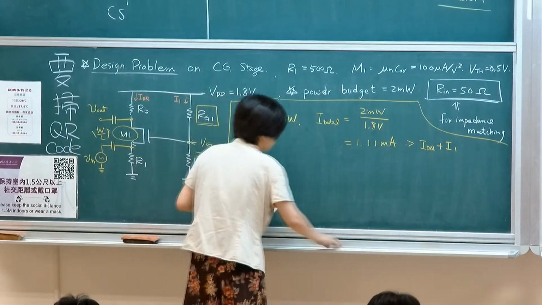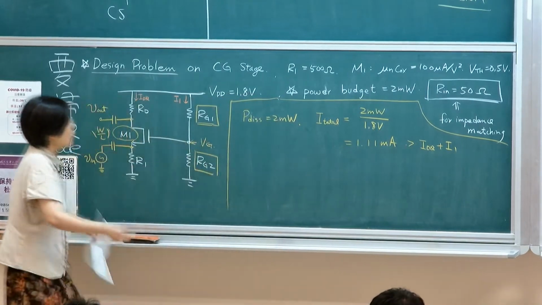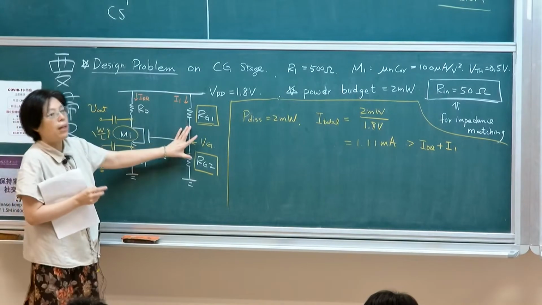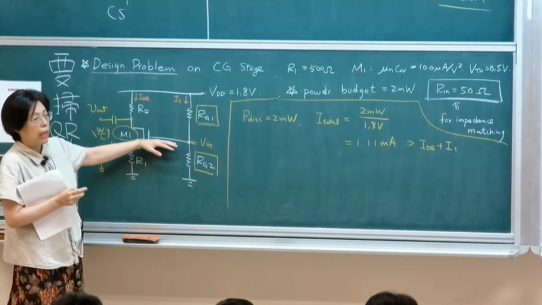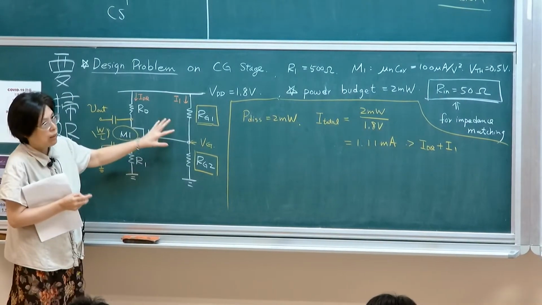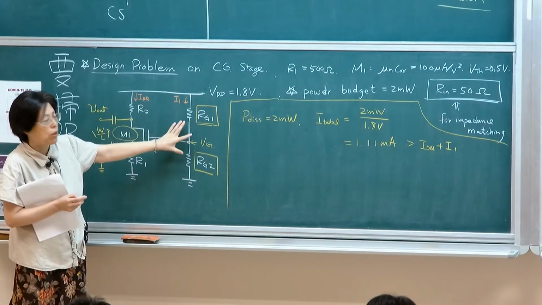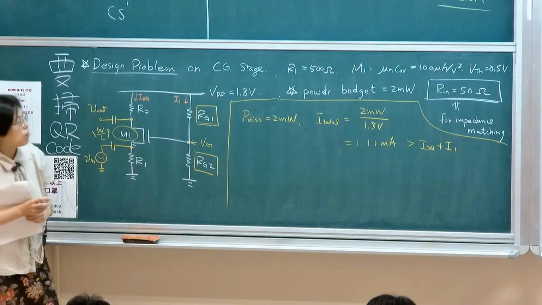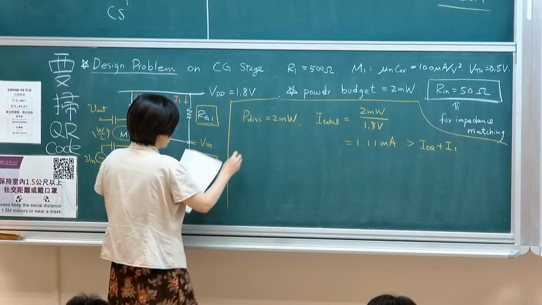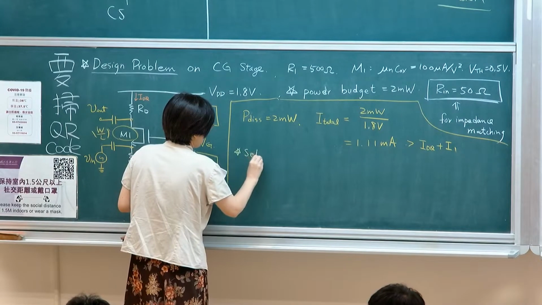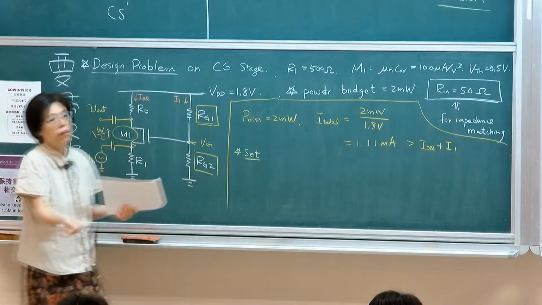You make a decision. Typically what we want is to keep the main current for IDQ. The biasing is just biasing, especially since the gate does not take any current. Therefore, you don't need too much current for biasing, so you want to keep it as small as possible. I make a decision, which is arbitrary, so you can do your own design.